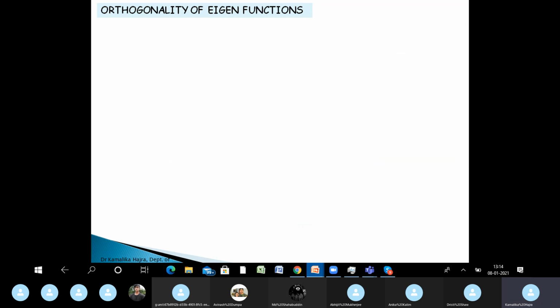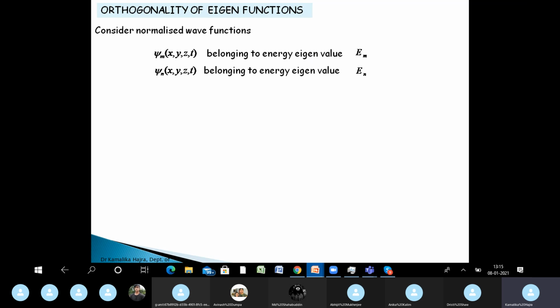Next comes orthogonality of eigenfunctions. As I told you, eigenfunctions are mutually orthogonal, and now we'll see that they are indeed mutually orthogonal. So consider normalized wave functions such that psi m is a function belonging to energy eigenvalue Em, and psi n is a function belonging to energy eigenvalue En.